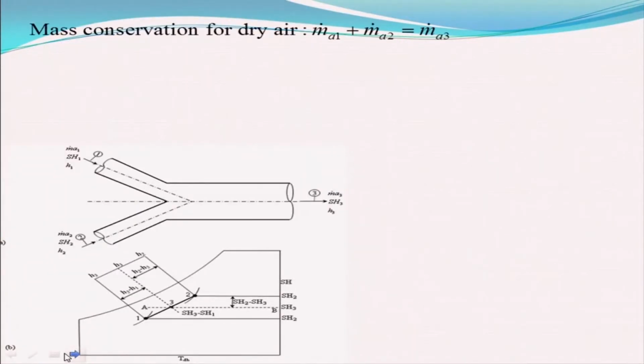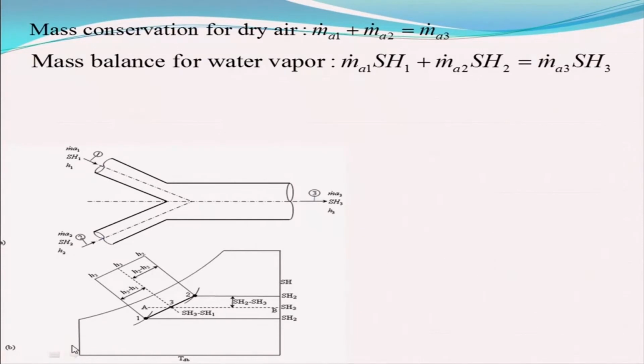If you look at it, we will do the mass conservation for the dry air, that is m dot A1 plus m dot A2 is equal to m dot A3. This is the general one which we have done several times. Similarly for the water balance, we have m dot W1 plus m dot W2 is equal to m dot W3, where this is the water vapor.